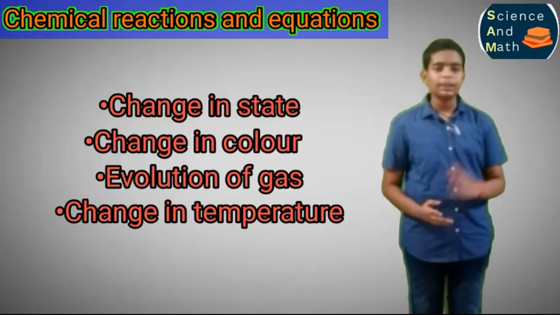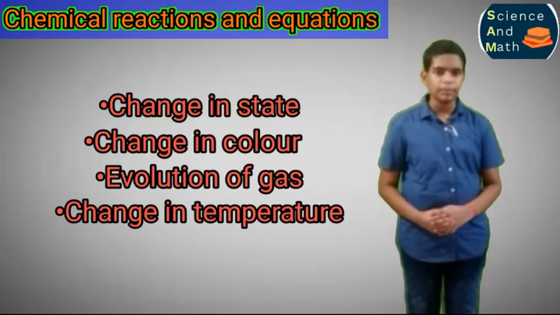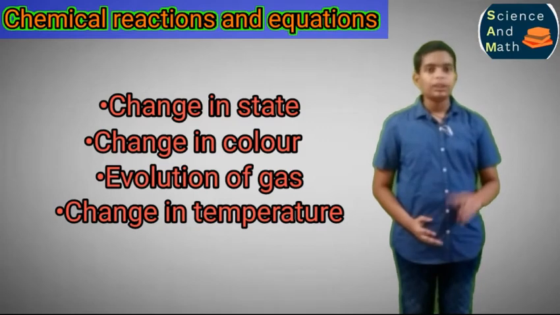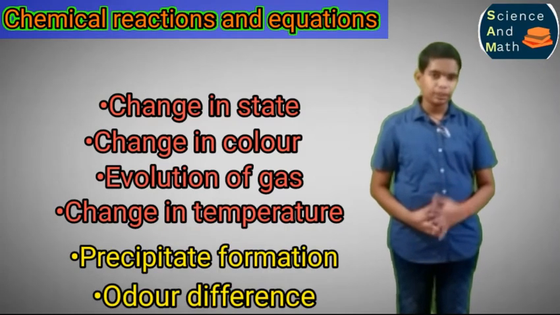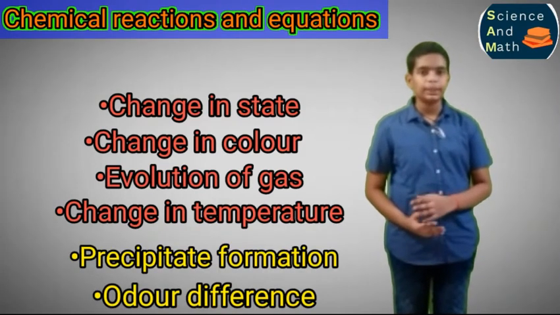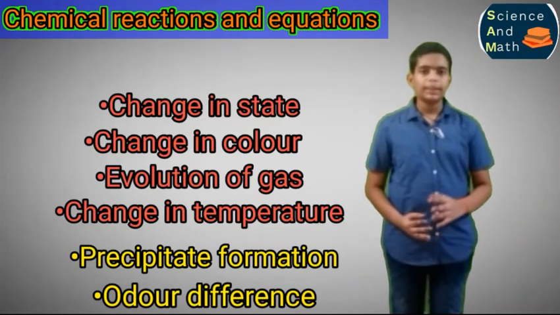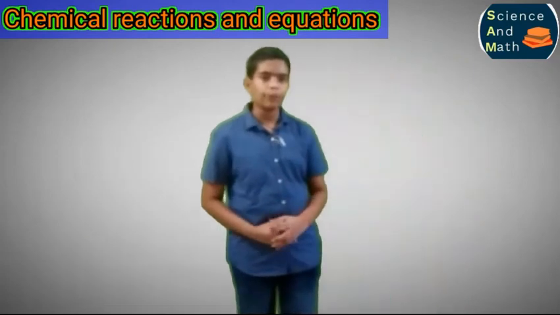There are many other observations you can see in other chemical reactions, such as formation of a precipitate and also difference in odor or smell. So these are the basic characteristics of chemical reactions.